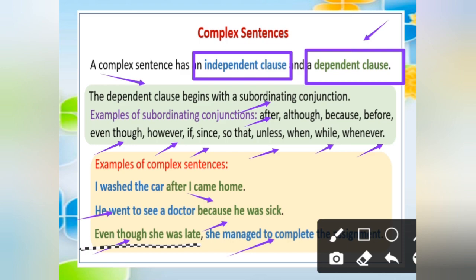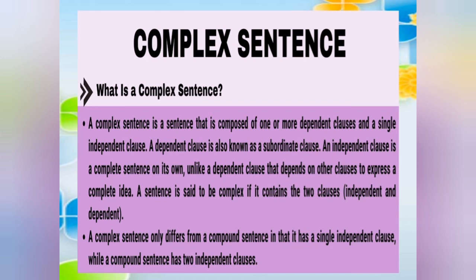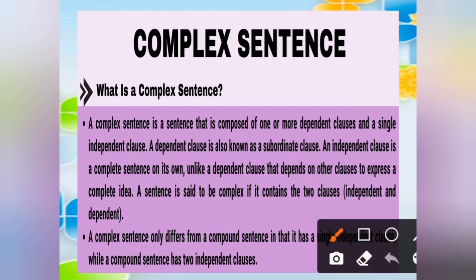Now just see more information. A complex sentence is a sentence that is composed of one or more dependent clauses and a single independent clause. It means you will not always get only one dependent clause, you can get more than one also. But the independent clause will be single only.